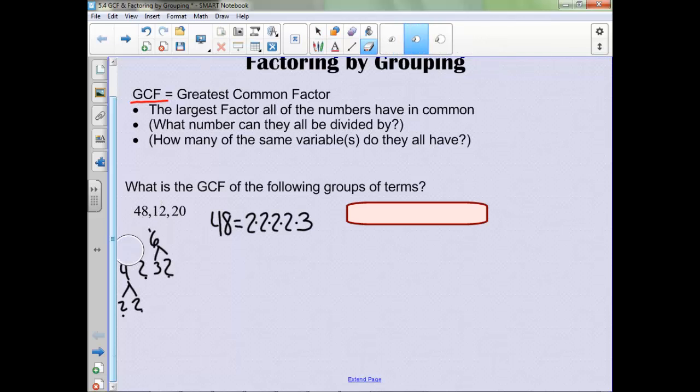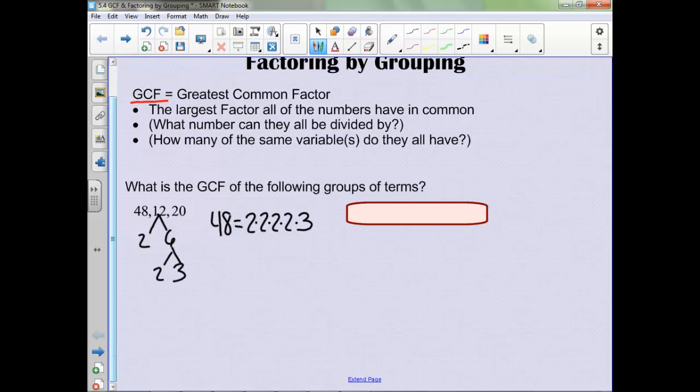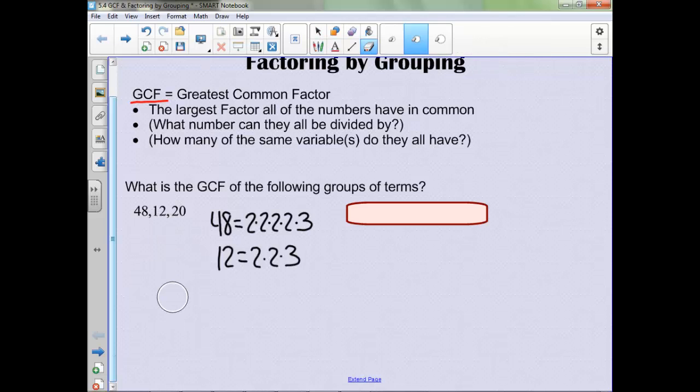I'm going to go ahead and erase this so we can do our 12. 12 is 2 times 6, which is 2 times 3. So 12 is 2 times 2 times 3. Once again, I'm going to go ahead and erase this so I can do the factor tree for 20. Let's go with 4 and 5, which is 2 times 2.